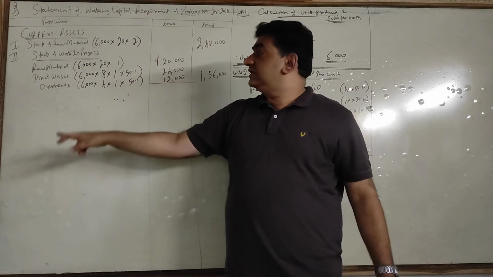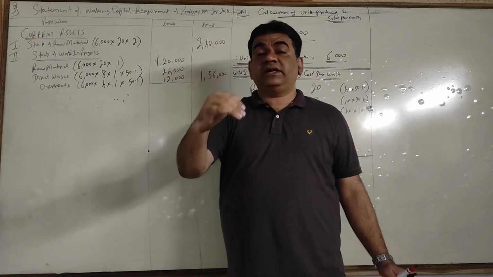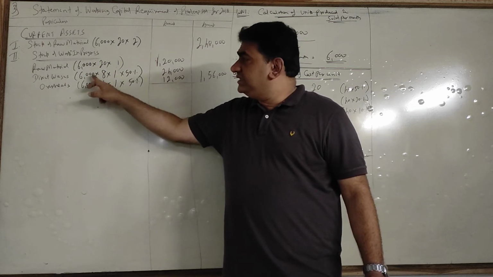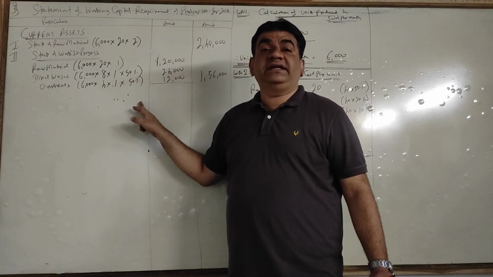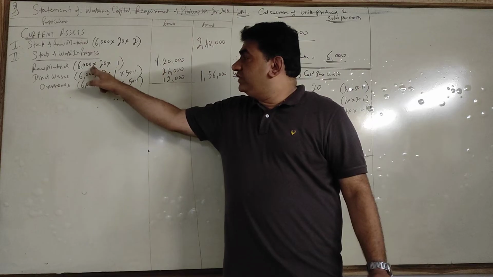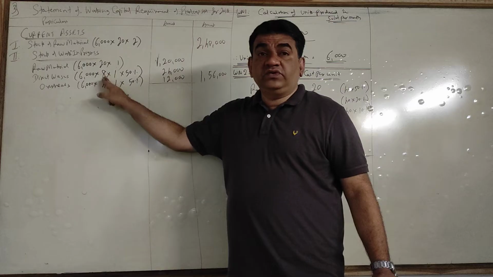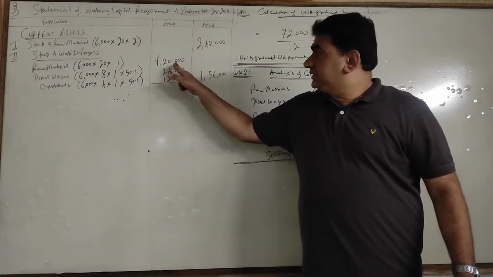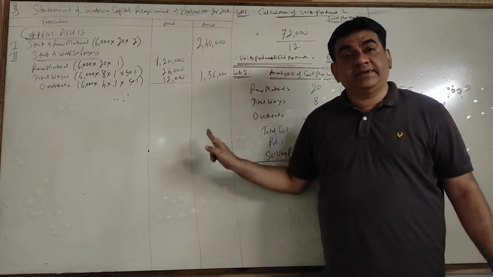Raw materials, nothing given, again repeating, mentioned here, you have introduced materials in the beginning, so you will take full, whereas wages and overhead you will take in proportion to the work completed, nothing given, so 50%. So material, number of units into cost into the period, wages, number of units into cost into the period into 50%, same thing for overheads. This is the breakup of WIP and this is your total WIP.